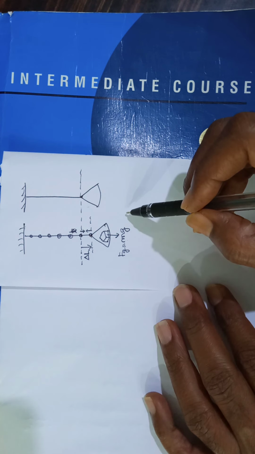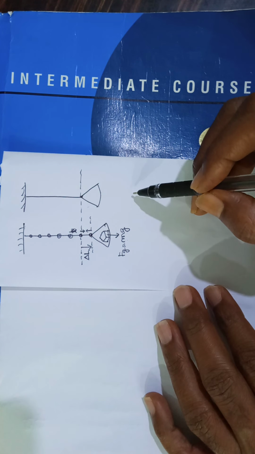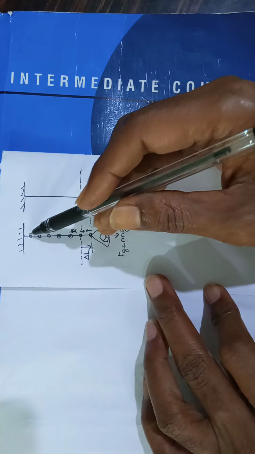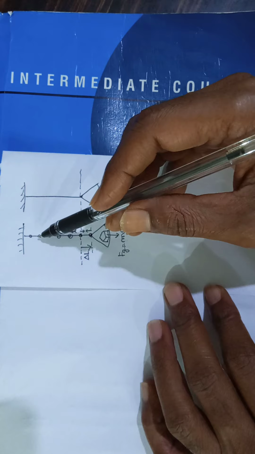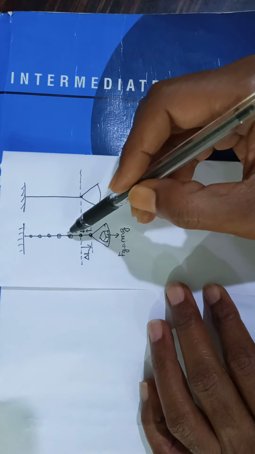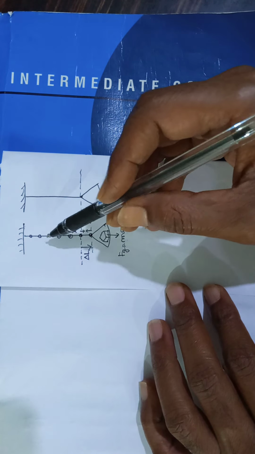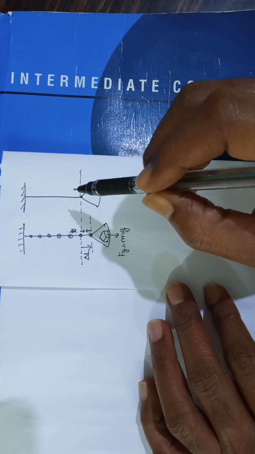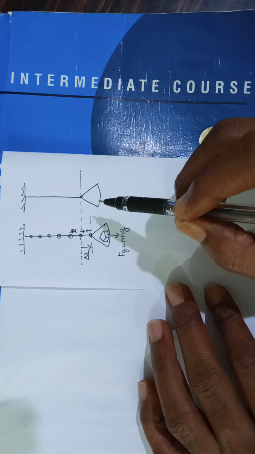We do work when we apply force in the opposite direction and we displace through some distance. See here, a wire is made of atoms. Suppose this is an iron wire and these are iron atoms. Between any two atoms, a force of attraction will be there, and that is called interatomic force or intermolecular force.